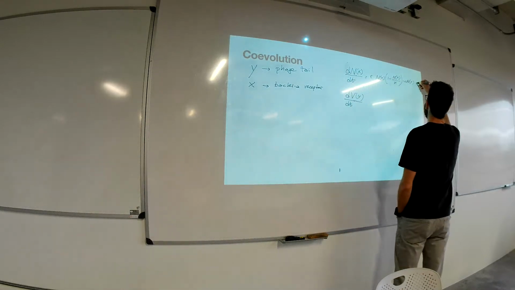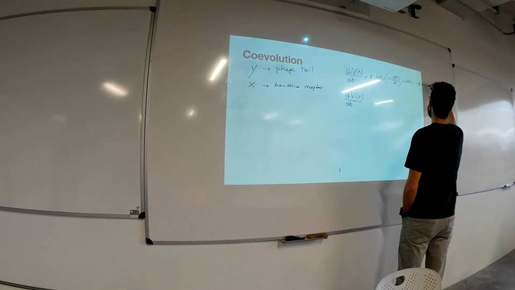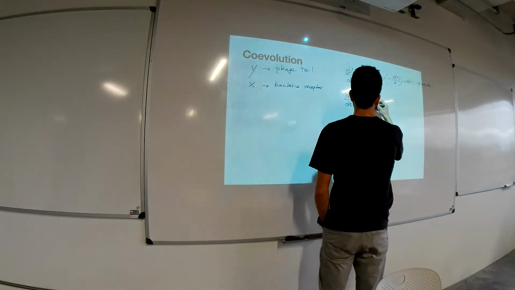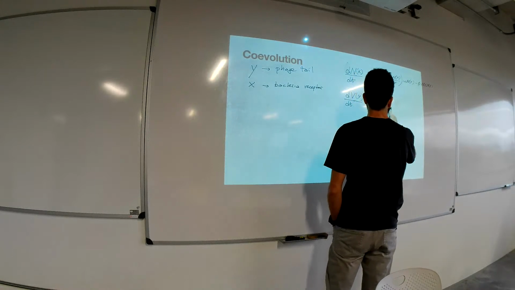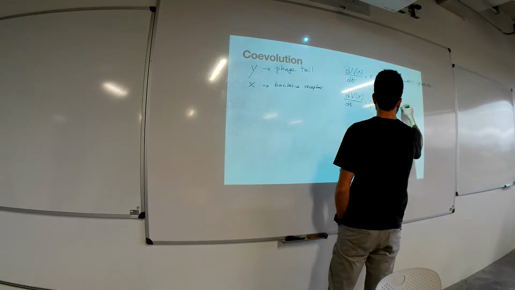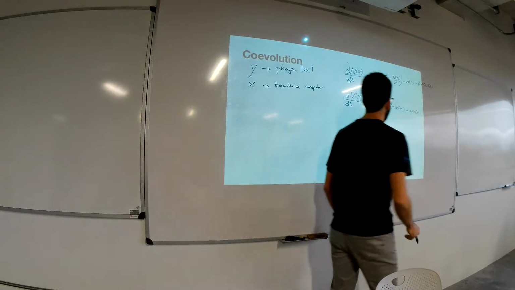Infections. So we have minus phi n(x) v(y). And then here, as I said, let's assume that these things immediately burst. Good.